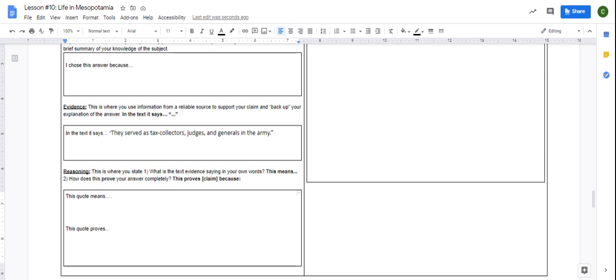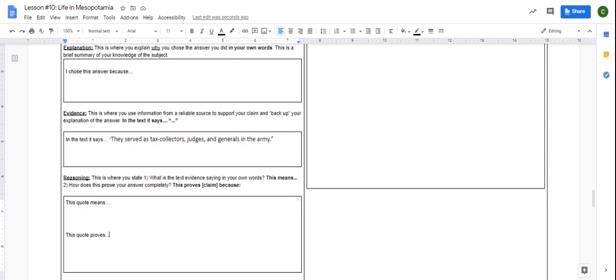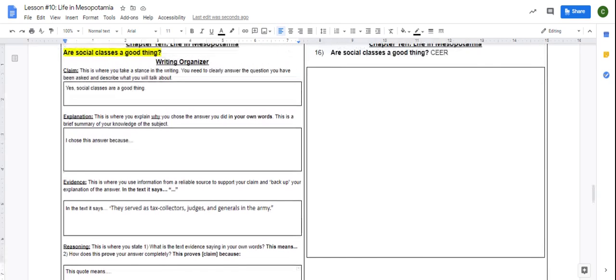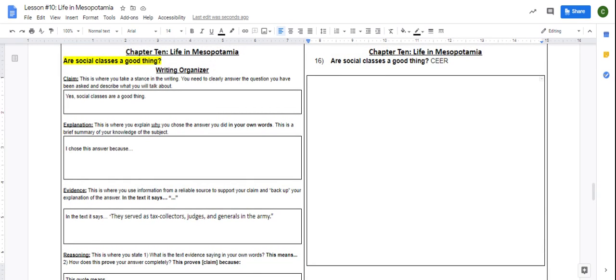Period. Then I go down and it says, this quote proves that social classes are a good thing because bureaucrats help the king. Once this is complete, you have it checked over by your teacher, and then you are allowed to move each part over to the actual answer box.